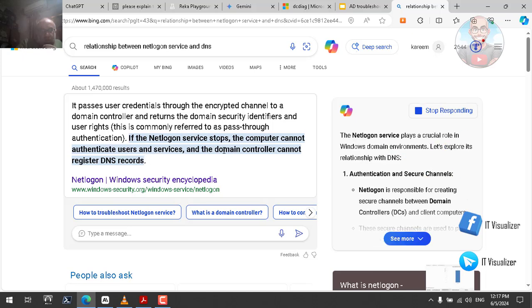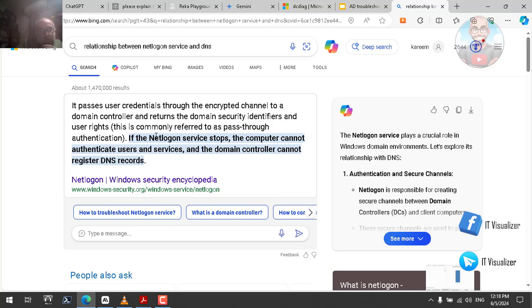We cannot authenticate users, and the domain controller cannot register DNS records. The user passes credentials through the encrypted channel to the domain controller, which returns the domain security identifiers and user rights. If the Netlogon service stops, the computer cannot authenticate users and services, and therefore cannot register DNS.